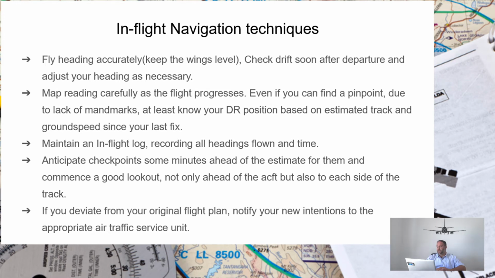Even if you can find a pinpoint, which is a good word for reference. If you can't find a pinpoint due to lack of landmarks, at least know your dead reckoning position based on estimated track and ground speed since your last fix.